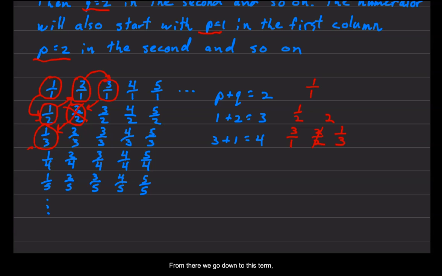From there, we go down to this term, which is the 1 over 4. So we have 1 plus 4 gives us our sum total of 5. And notice each one of these sum totals follows the pattern of going diagonal right up the line.